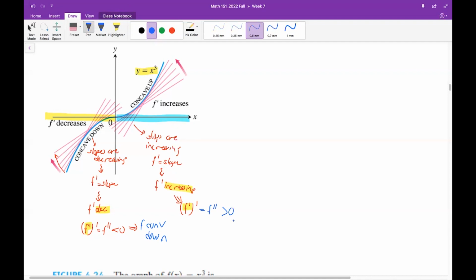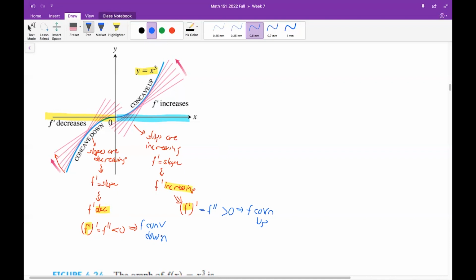Should be positive, and here over this curve, bending behavior is concave up. So concavity information is related to the second derivative of your function in this way. If the second derivative is positive, your function is concave up. If the second derivative is negative, your function is concave down.